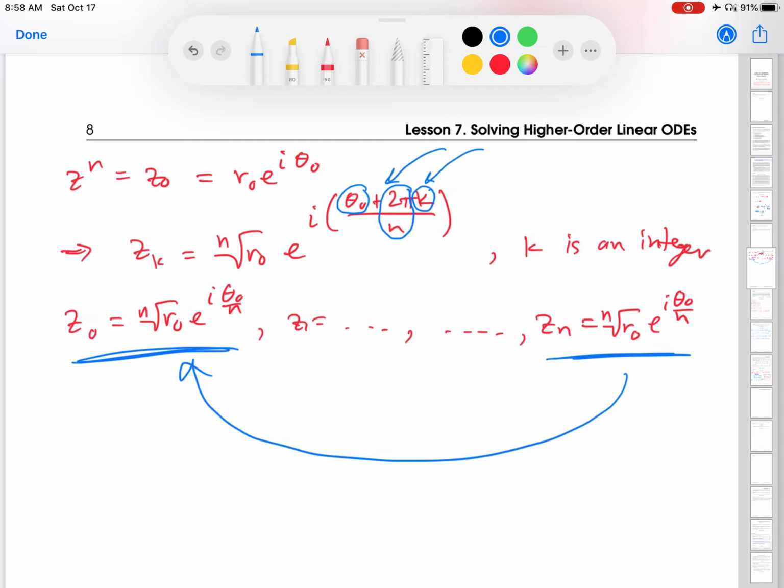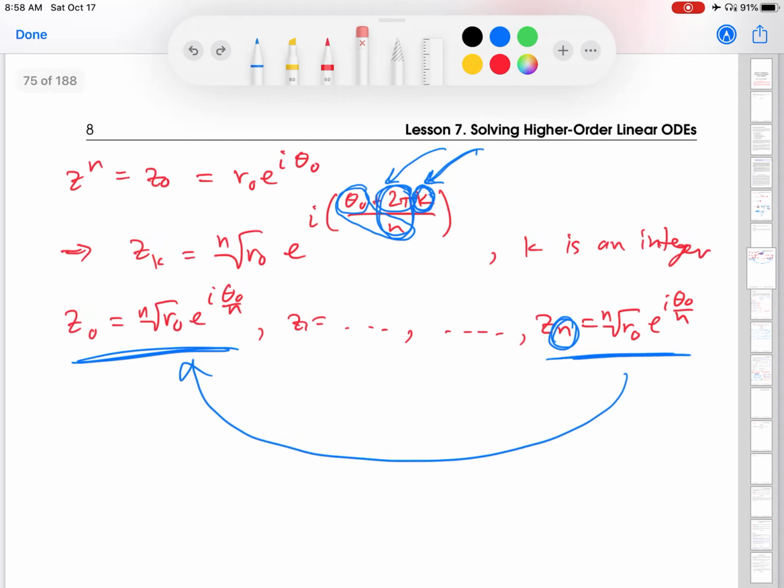I'm starting with the angle, I should say, theta sub 0 over n, and I'm adding a multiple of 2 pi over n. After I add n of these, I add 2 pi, and that's exactly what happened here. I added n of those 2 pi k over n's, and I get back to exactly the same angle.